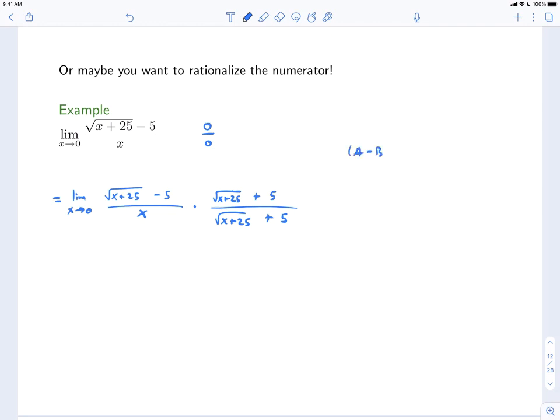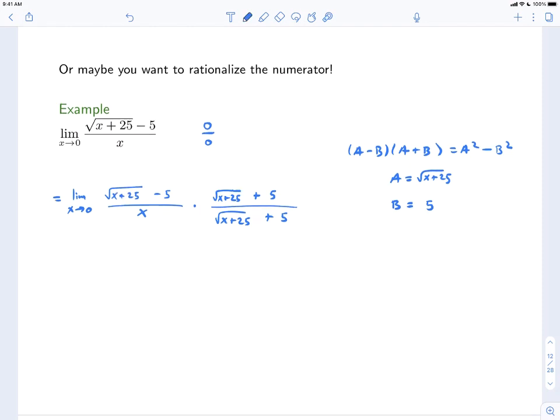A minus b times a plus b gives us the difference of squares, a squared minus b squared. In this case, a is equal to the square root of x plus 25, and b is equal to 5. The whole point is that we want to get rid of this radical, and a squared will enable that. We square the radical, and then the radical goes away.